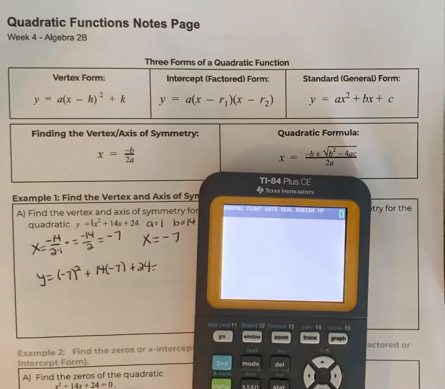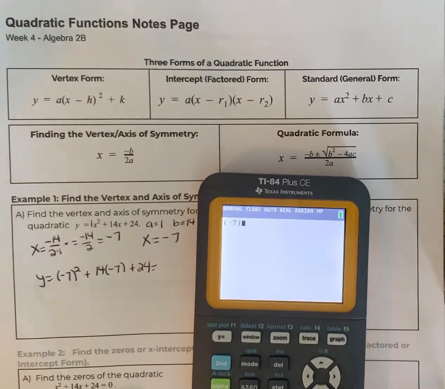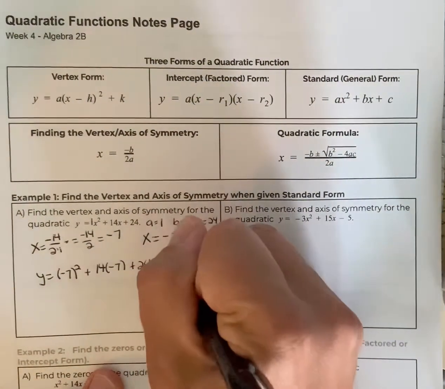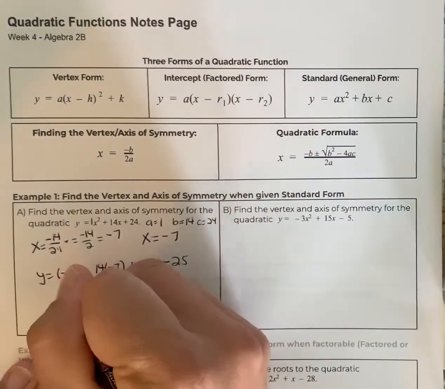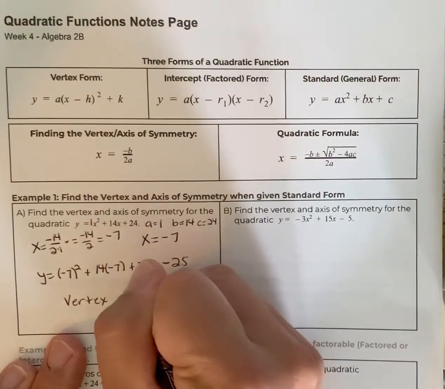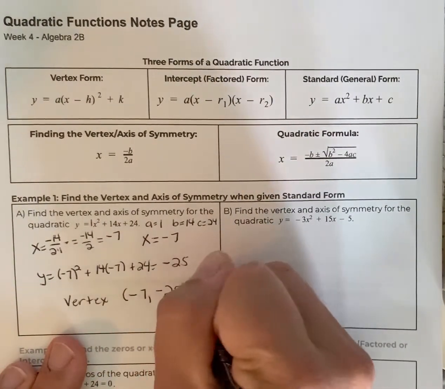I just put that in, and feel free to use your phone if you need to. Negative 7 squared plus 14 times negative 7, and then plus 24, gives me y is equal to negative 25. So my vertex is negative 7 for x and negative 25 for y.